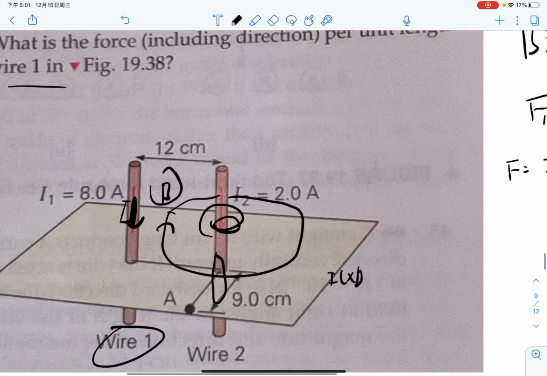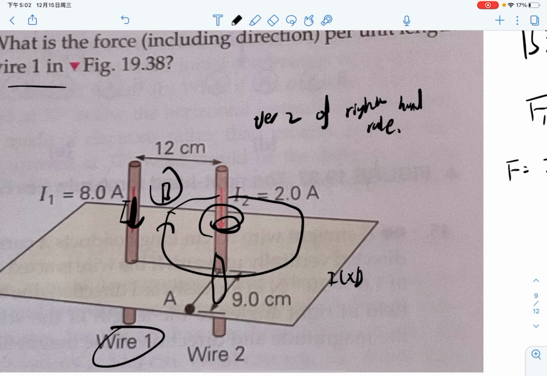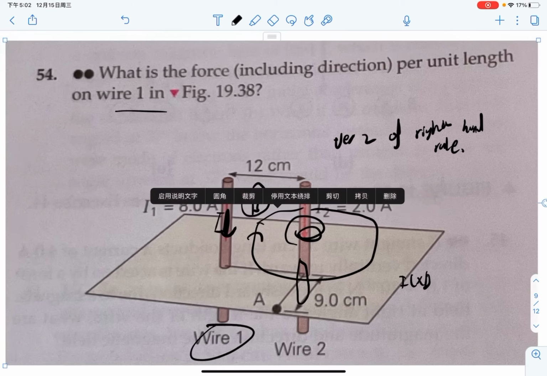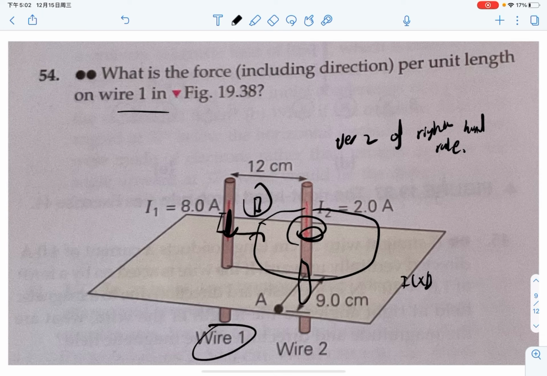Using version 2 of the right-hand rule, you can find the direction to be that way. Okay, that is correct.